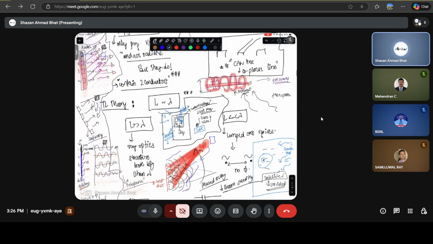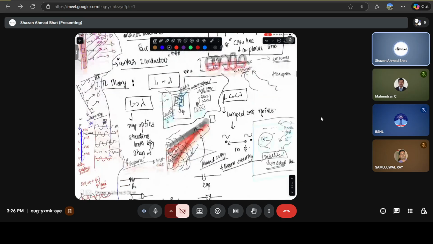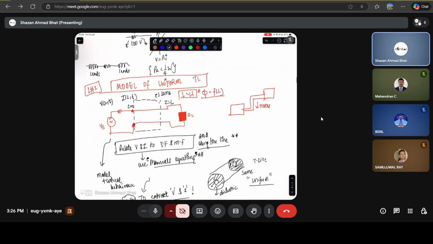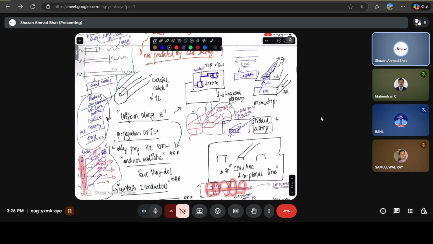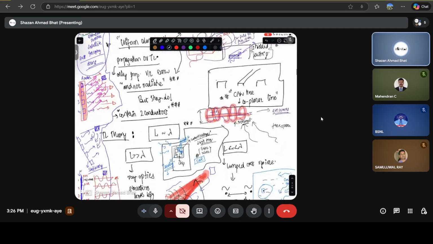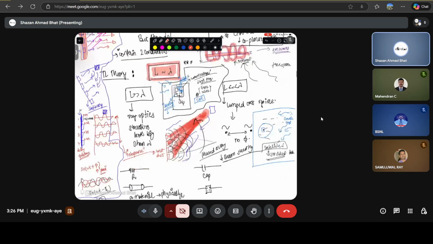Okay. Now, I'm not going to talk about the details which the Professor has told already. We were talking about the length scales. When the length scale approaches the wavelength of the electromagnetic wave, you have the transmission line theory, which can explain how the transmission of those waves takes place.